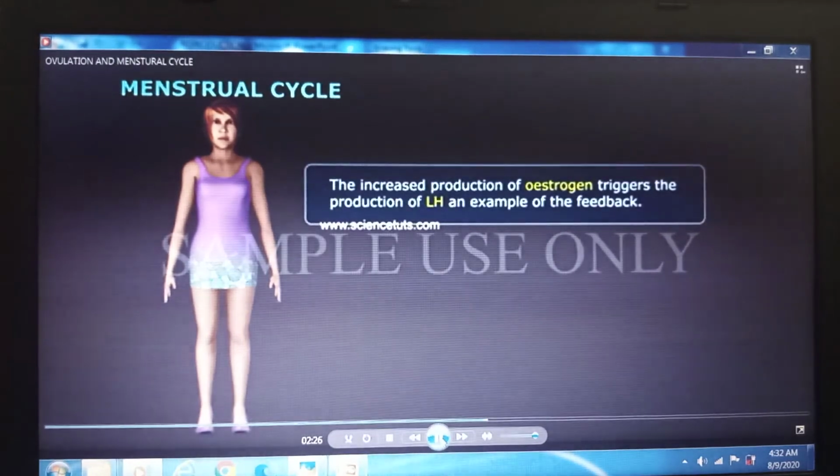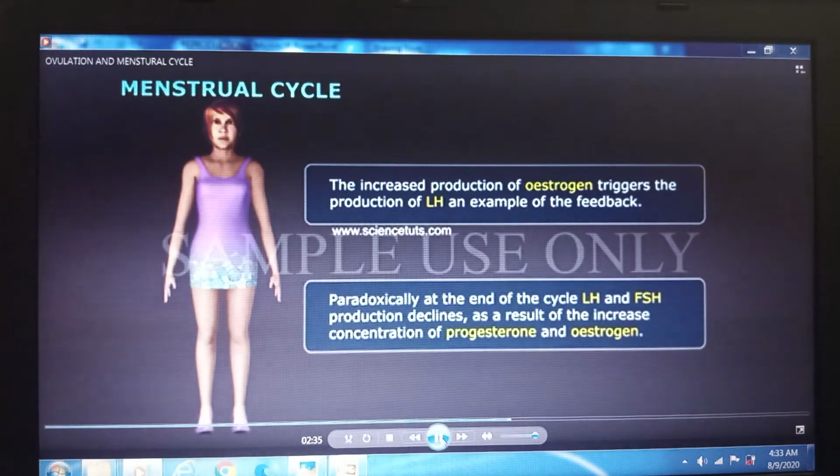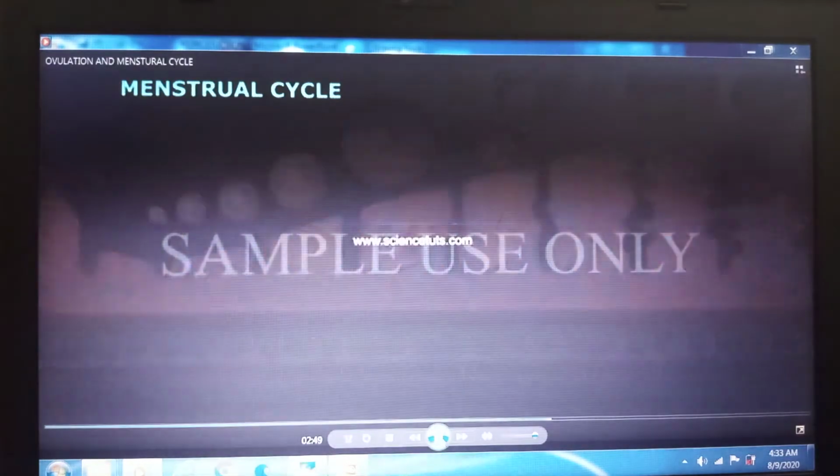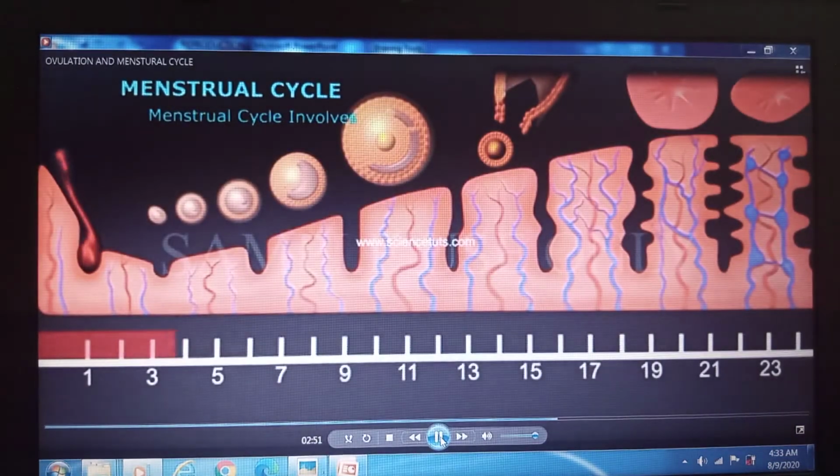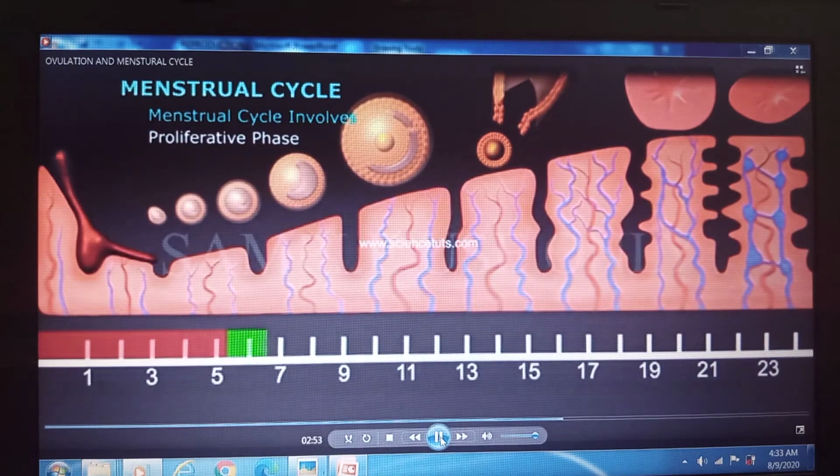The increased production of estrogen triggers the production of LH, an example of feedback. Paradoxically, at the end of the cycle, LH and FSH production declines as a result of the increased concentration of progesterone and estrogen. The menstrual cycle involves the proliferative phase.